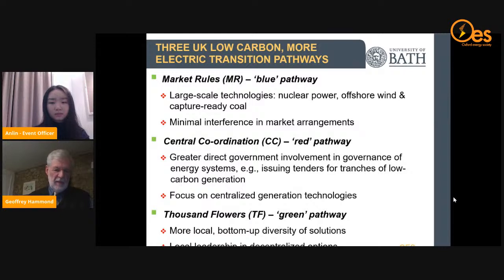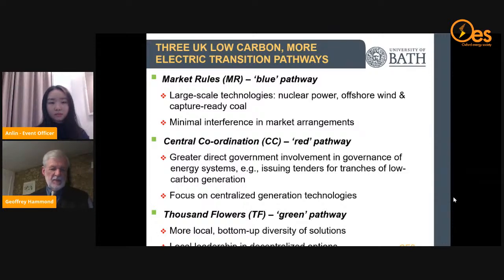Now, unfortunately, a little bit of the bottom of the slide is being cut off of each of the slides, but I don't think it's a major problem here. We developed 3 of these so-called transition pathways. And we did this by establishing a stakeholder workshop, actually at Loughborough University.